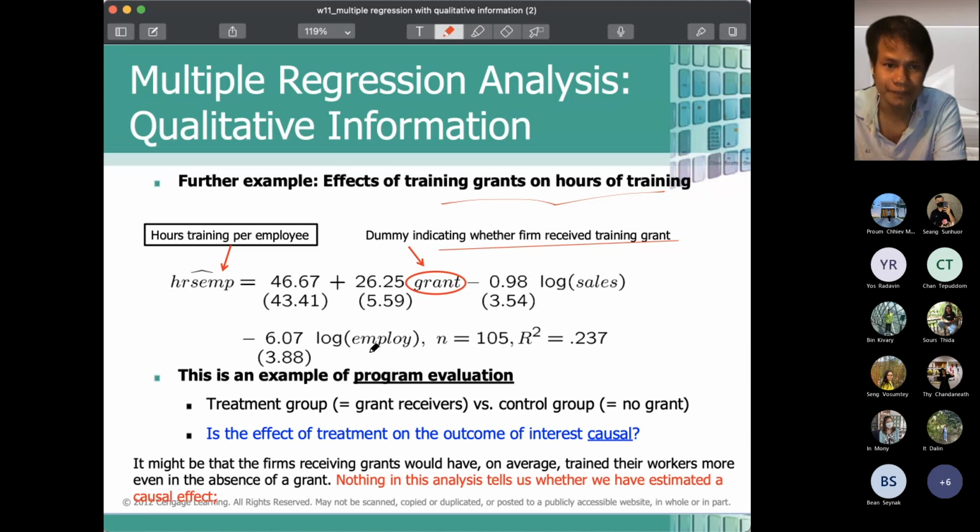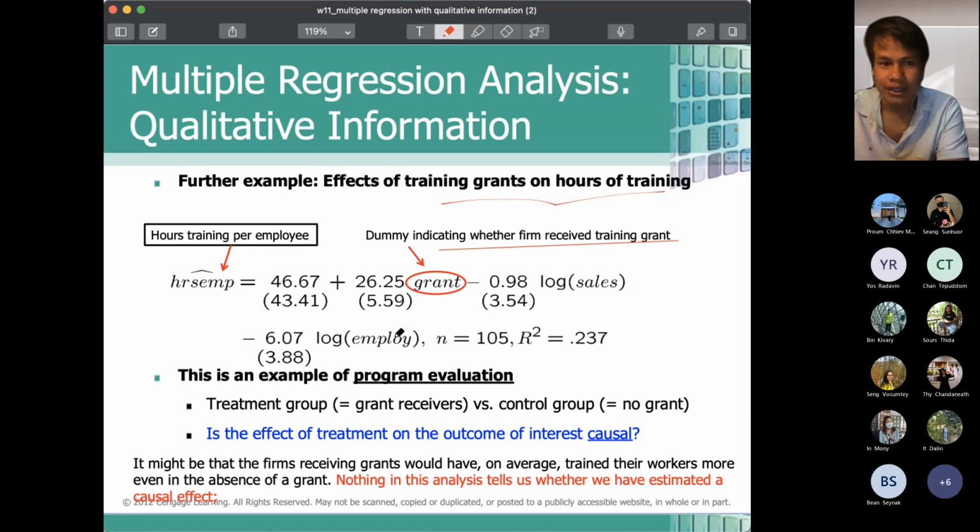So we want to know if the program here positively or negatively affects the hours of training per employee. So grant is the dummy. 1 if the company receives a grant. 0 if the company does not receive a grant. In the future, guys, if your independent variable of interest is a kind of training program, we call it program evaluation, or we call it impact evaluation, right?